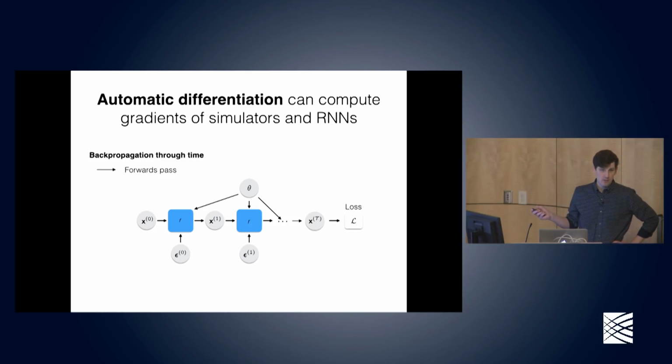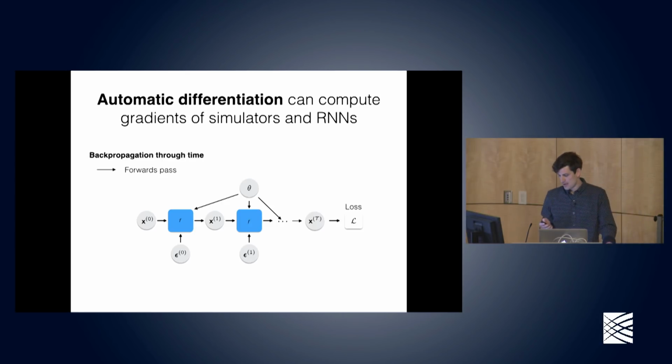Now let's say that we want to train this simulator to make this output have some attributes. One way we could encode that requirement is with a loss function that takes in this final output and criticizes it in some way, and now our goal is essentially to tune the parameters of the simulator to minimize the loss function.